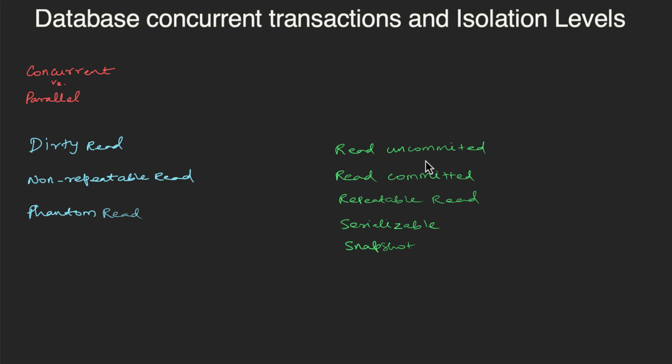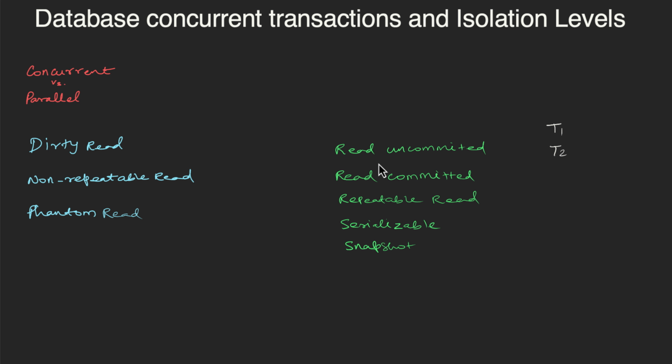The first one is called read uncommitted. Read uncommitted allows uncommitted changes from other transactions. So if I go back to the previous example, if we have two transactions T1 and T2 that have started around the same time, and T1 has done some changes that are not committed yet, if you are using the read uncommitted isolation level, then T2 will be able to see uncommitted changes by T1.